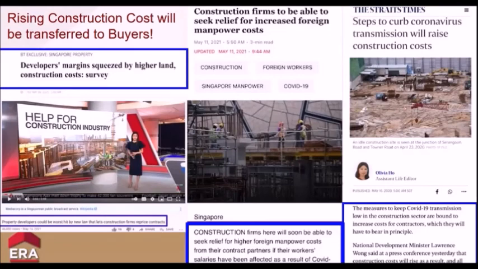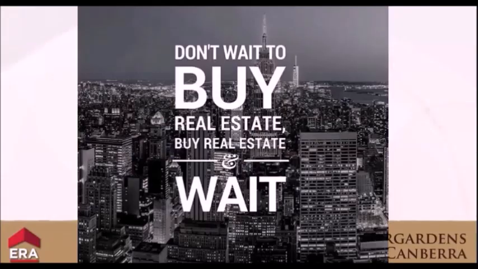The question is for you to ask your client and for them to make an informed decision, after sharing with them the beauty of Watergardens, the efficiency of our layout, as well as our price now, and how much different we are from our competitors in the OCR, as well as the upcoming launches, Lentor Central and Ang Mo Kio Avenue 1. With that, I urge all of you to advise your client: don't wait to buy real estate. Buy real estate and wait.